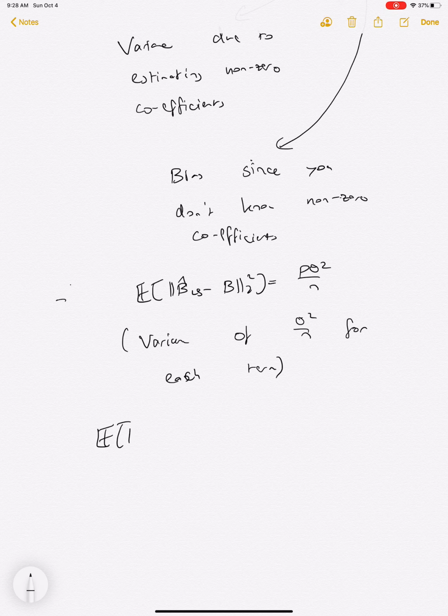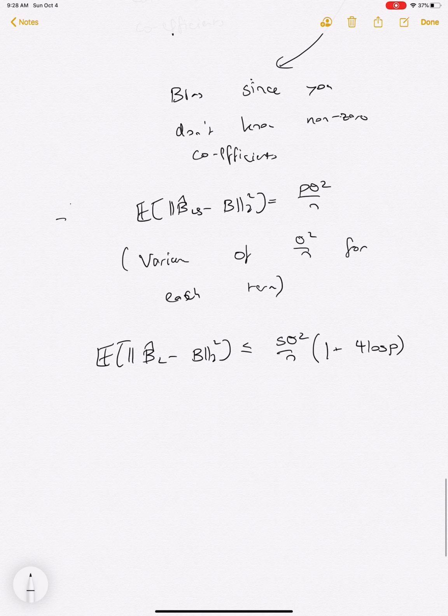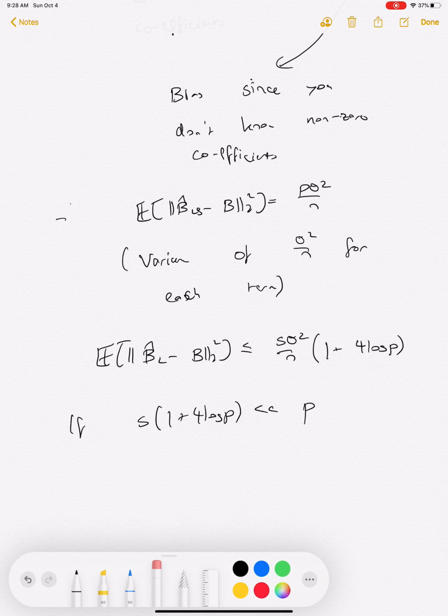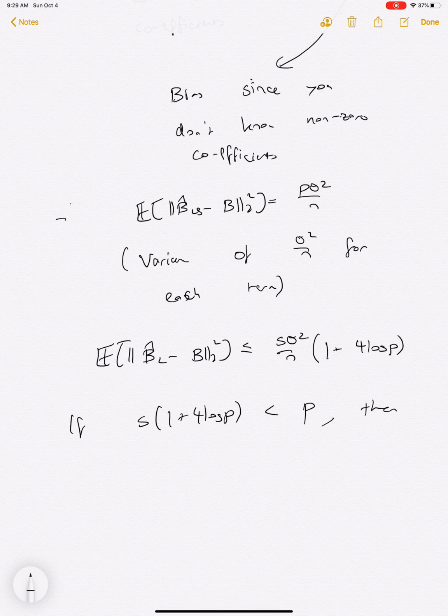Okay, and then since we have that, clearly if s times 1 plus 4 log p is less than p, then thresholding gives lower mean squared error.